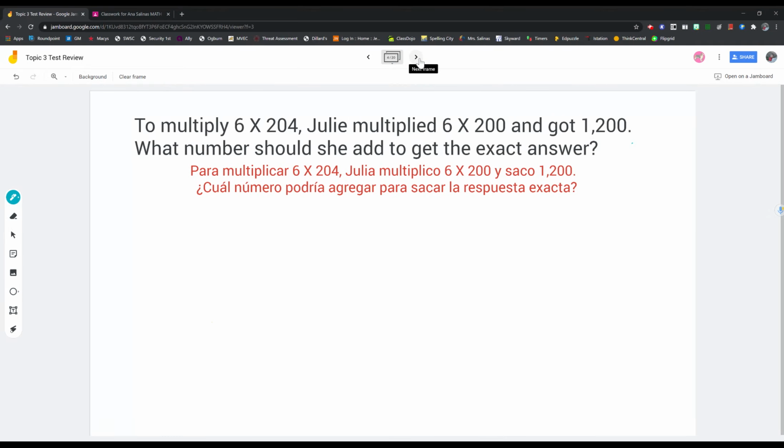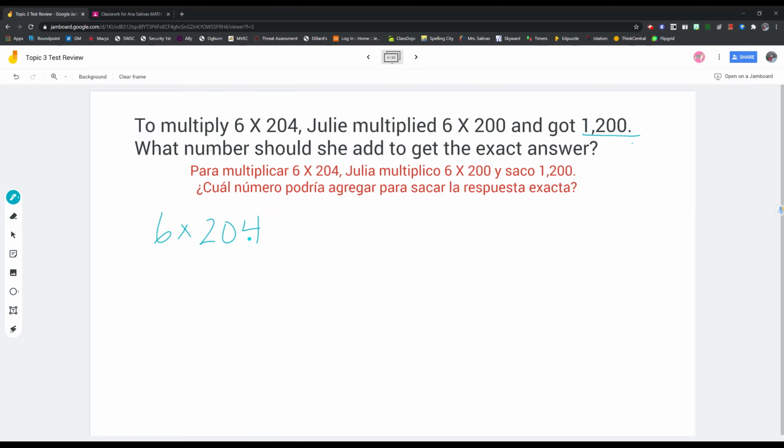To multiply 6 times 204, Julie multiplied 6 times 200 and got 1,200. What number should she add to get the exact answer? So this is also a multiplication problem. She is using the break apart method. That's how she ended up with 1,200. 6 times 204.